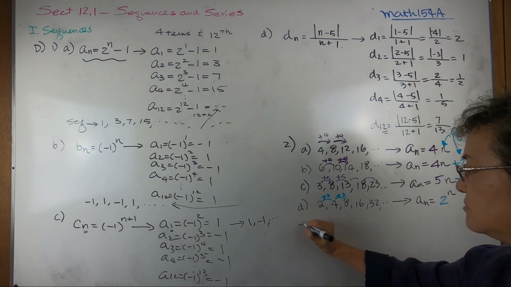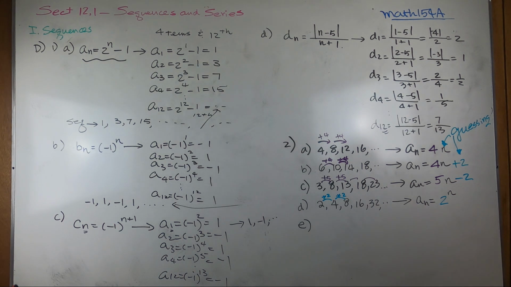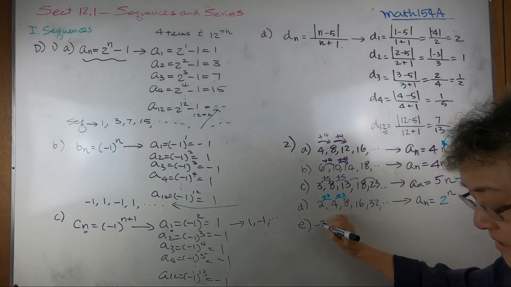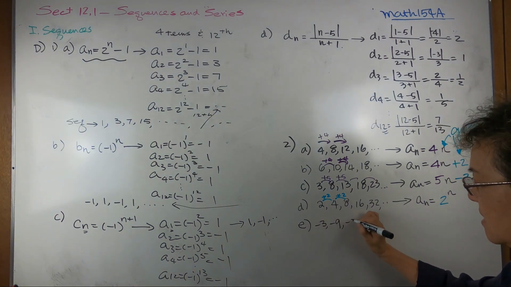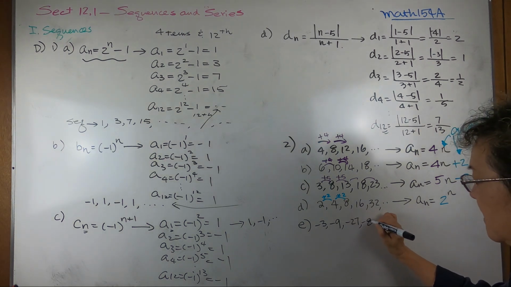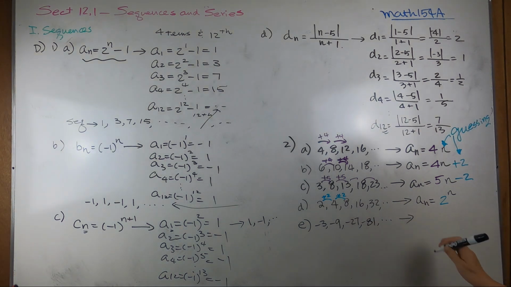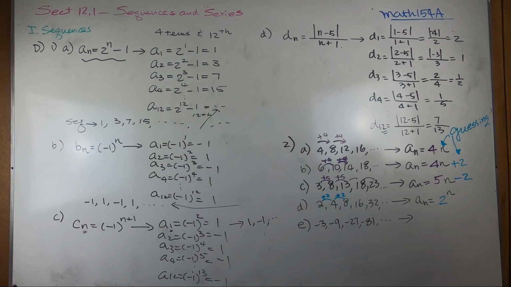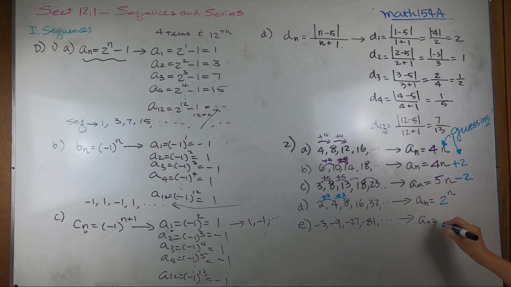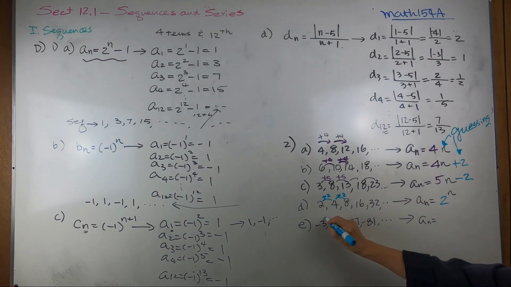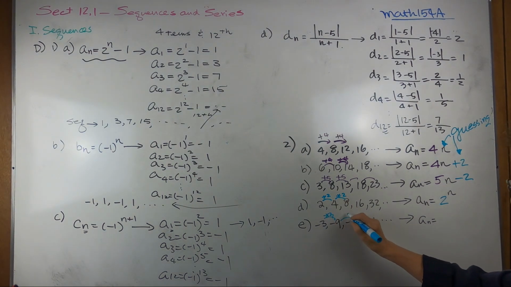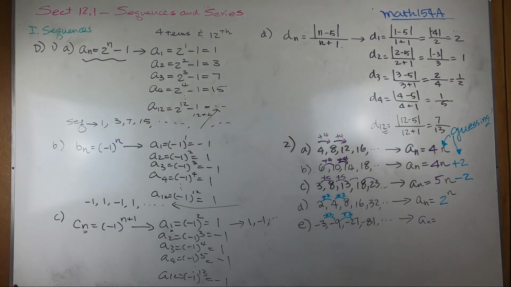Okay, next one. If we have this E, -3, -9, -27, -81, what's our pattern? Take a look. So the AN, each one is multiplied by what? 3, right? So we say it's exponential growth by 3, right?